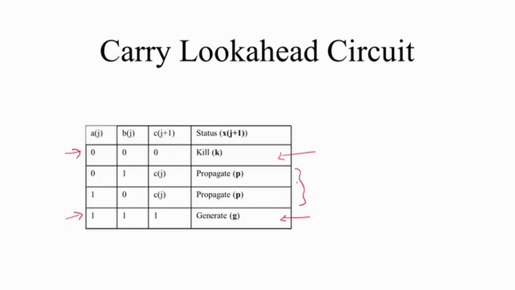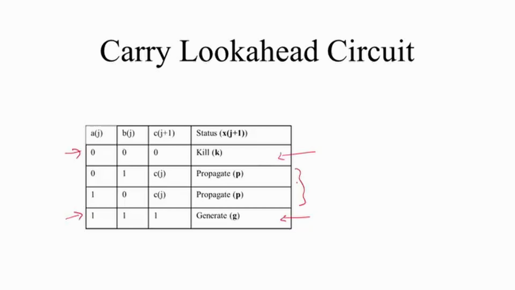So the moment I get Ajs and Bjs, immediately I will know what is the status of the carry that I am going to pass on to the next stage.